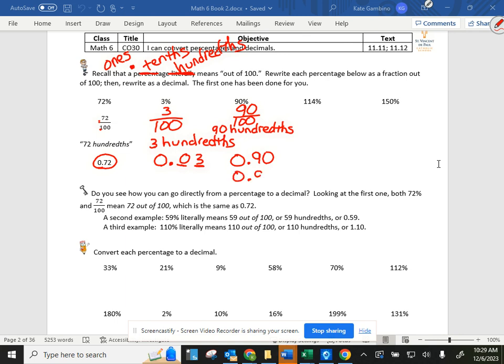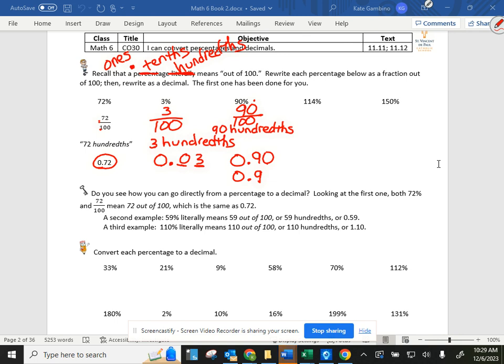Or could I just say 0.9? 90 hundredths and 9 tenths are the same value. It equals the same amount. So either way is acceptable. So if you see a 0.9 and we want to turn it into a fraction or a percent, we know we can just add that zero onto it, so it's out of that hundredth place. So if we have 90 hundredths or 9 tenths, it's the same value.